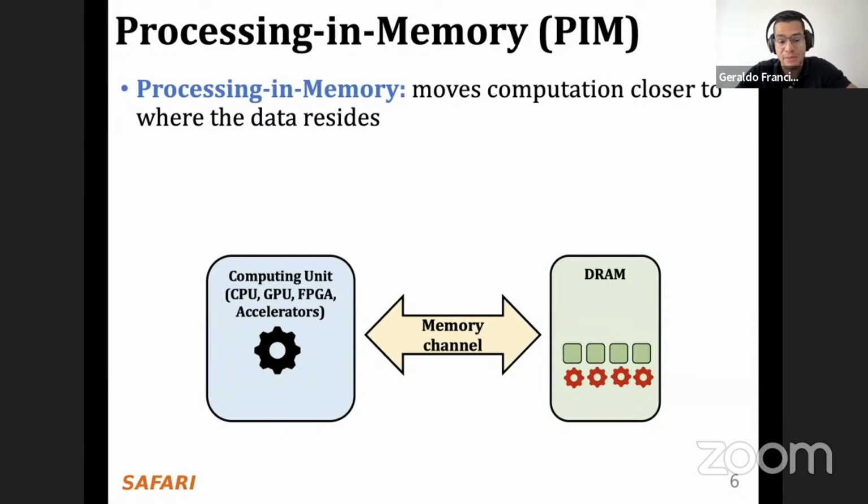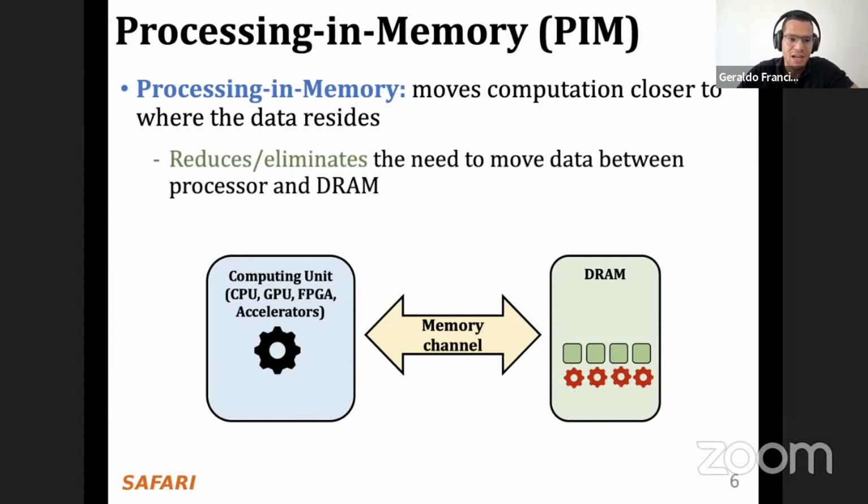Processing using memory moves the computation, the red engines here, to inside the main memory device itself. In DRAM, caches, we're using SRAM or non-volatile memories here. We are working with DRAM. And by doing that, we can reduce or completely eliminate the need to move data between processor engines and the main memory device itself.